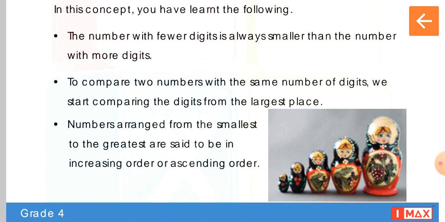Numbers arranged from the smallest to the greatest are said to be in increasing order or ascending order. Here you can see the smallest one is in the first position, then a little bigger, a little bigger, and the biggest one, right? So this way you can arrange the numbers from smallest to the largest. This is the ascending order.